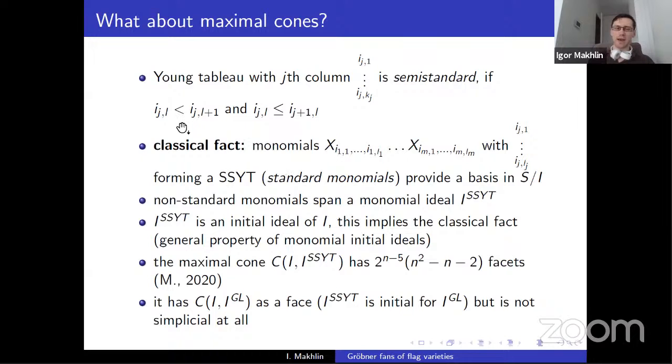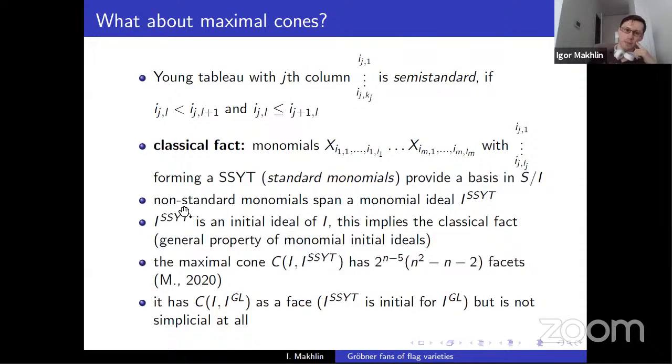Because, well, here I defined the standard monomials in our ring S, and what you can do is consider all other monomials, so all the non-standard monomials, and the non-standard monomials span a monomial ideal. This is something you have to check, but it is very easy to check that the linear span will indeed be an ideal.